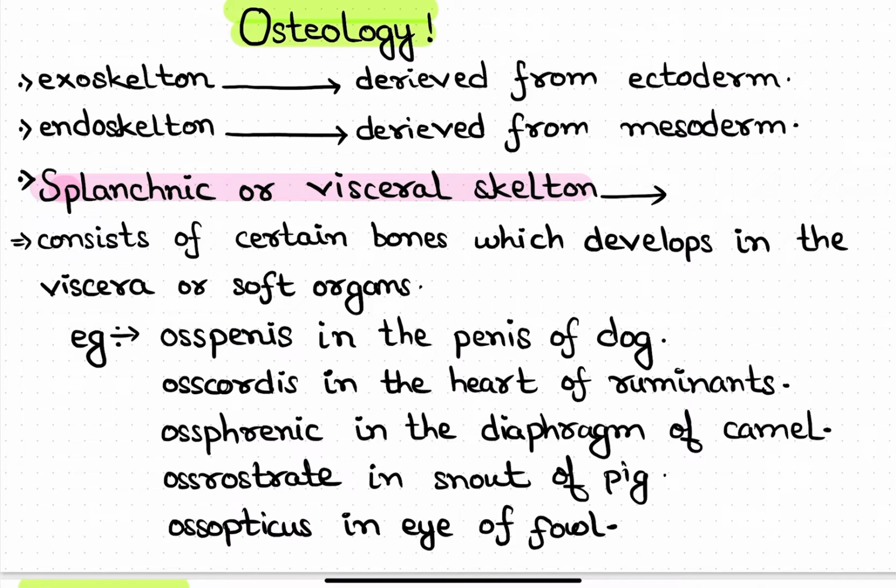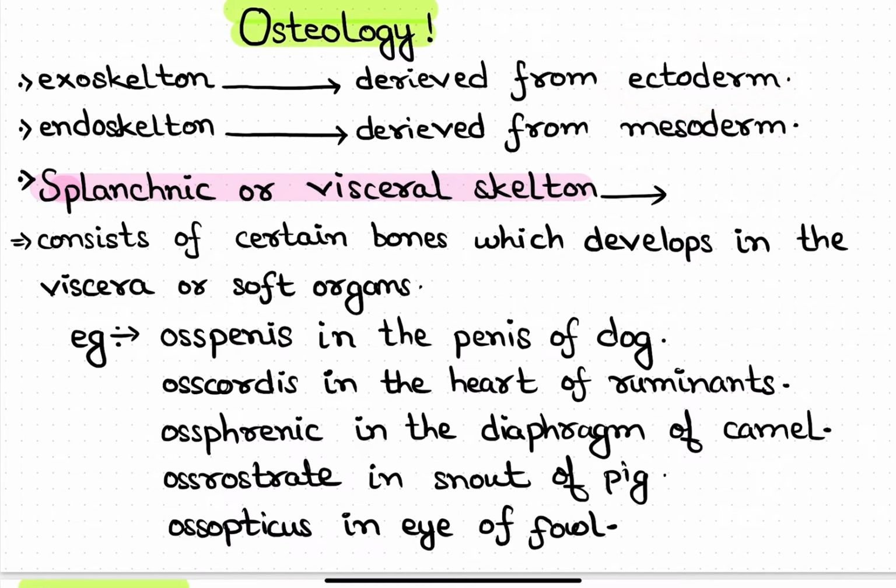What is ectoderm? As you already know, ectoderm is the outer layer from which exoskeleton is derived. Now there are three germinal layers. Among these three germinal layers, one of the germinal layers is ectoderm, which gives rise to exoskeleton.